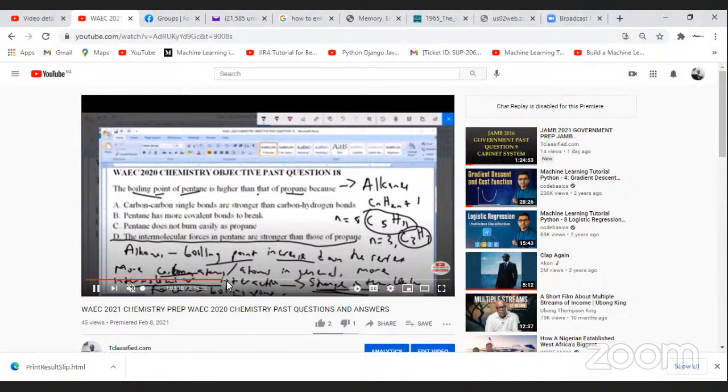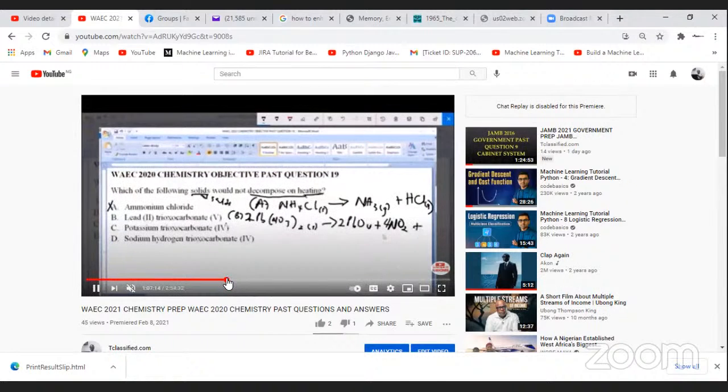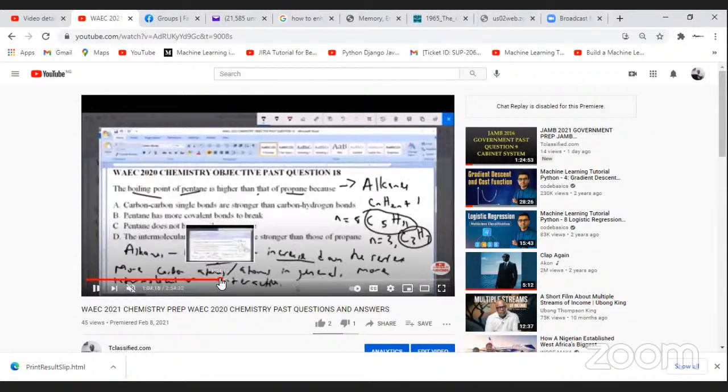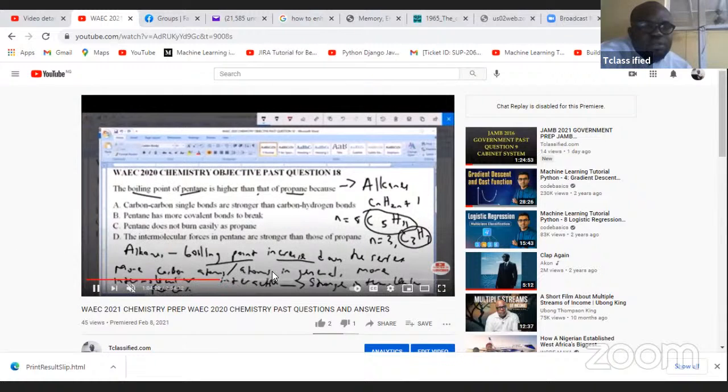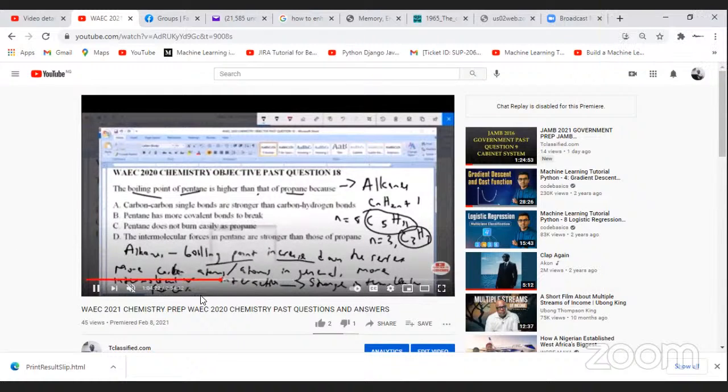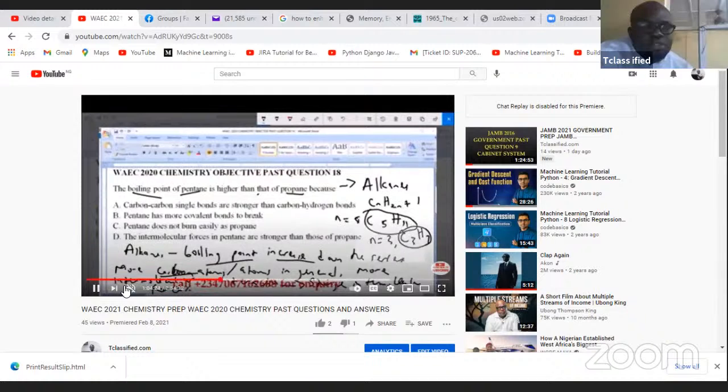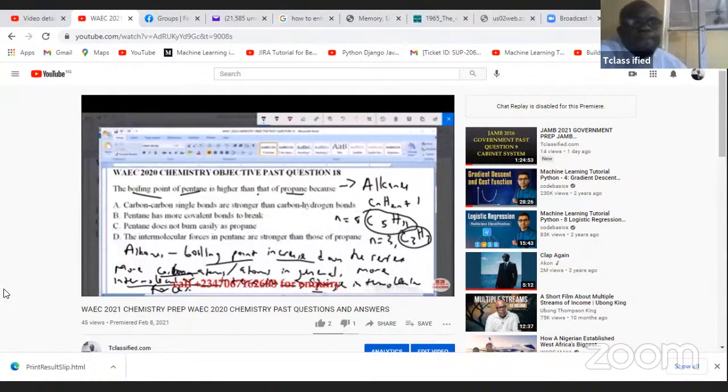Okay, so let's move forward. So wait, let me write this. So the more carbon atoms, the more intermolecular interaction, the stronger the bond. There are more in pentane.